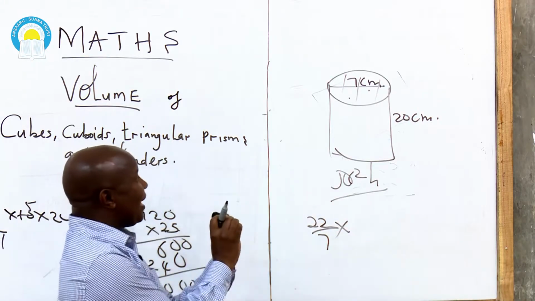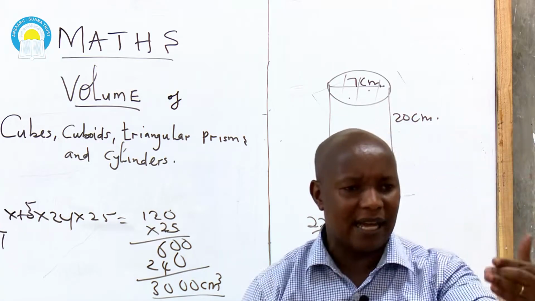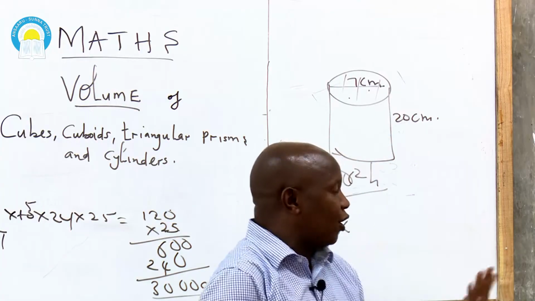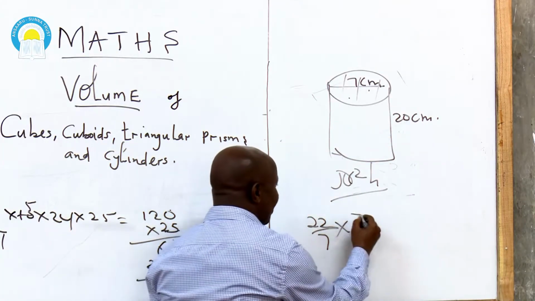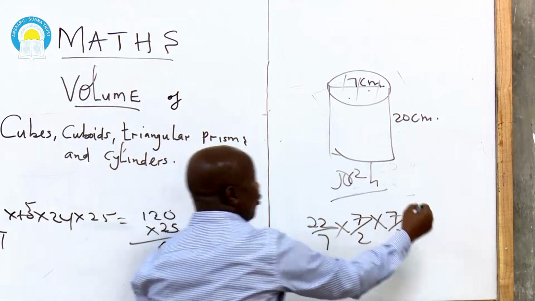Now, if the diameter is 7, class, to get the radius, just say the diameter over 2. You don't need to divide yet. Just say 7/2, which is the radius, multiplied by 7/2, then you multiply times the length, which is 20.